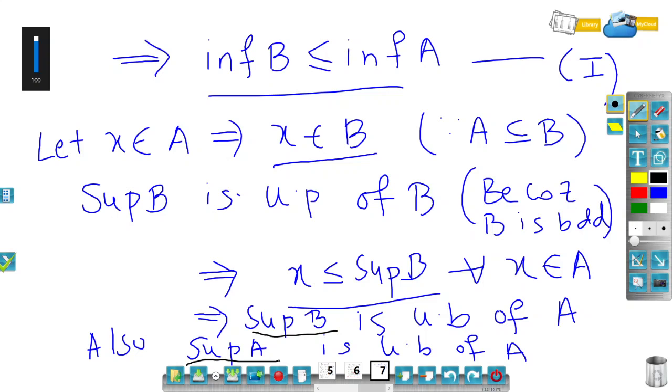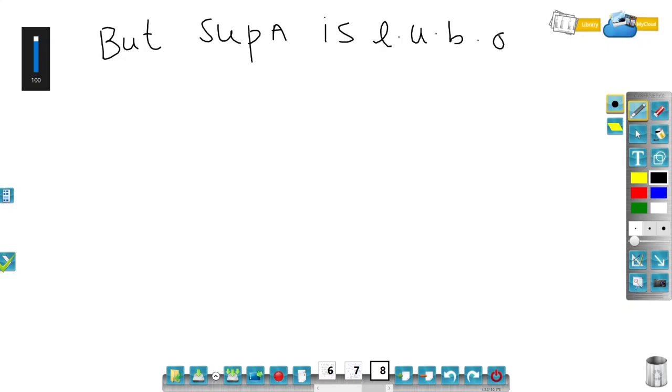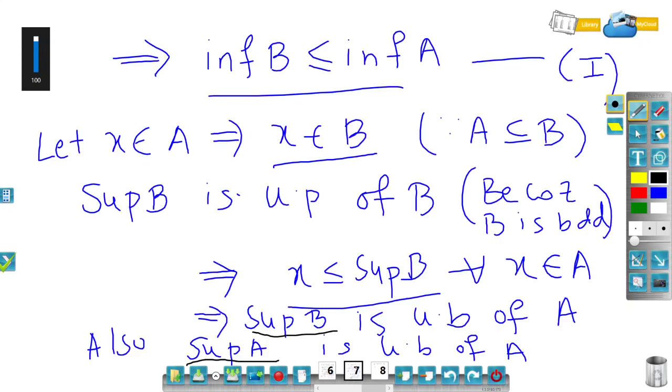Among all the upper bounds, it is the smallest. So this would imply, but supremum of A is the least upper bound of A, that supremum A is less than or equal to supremum B.